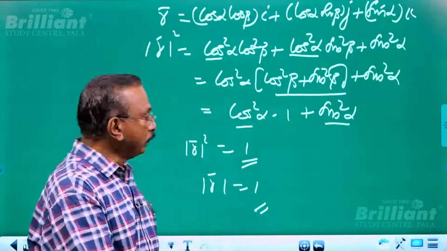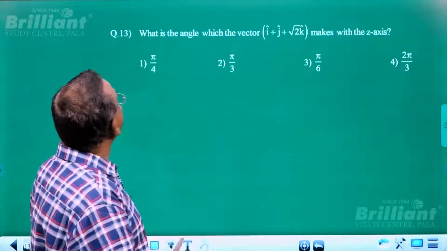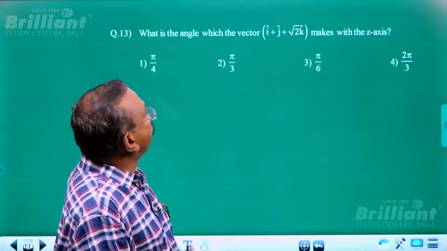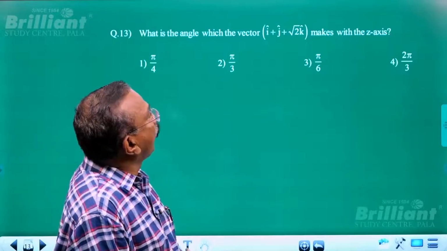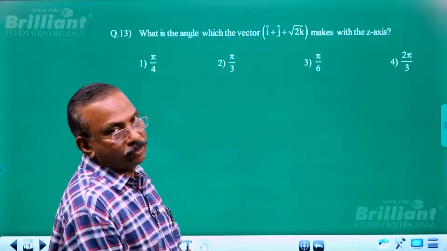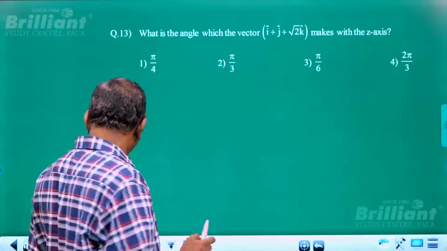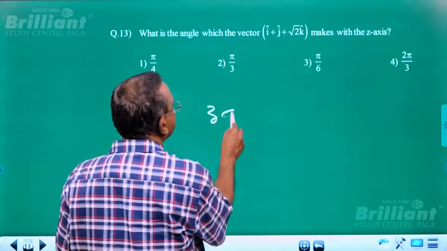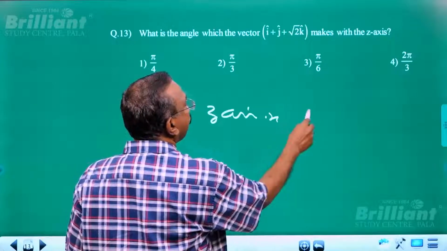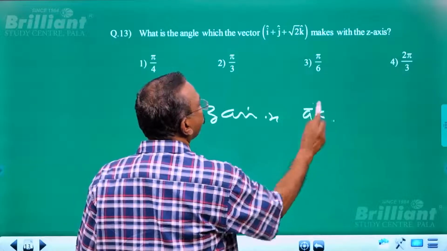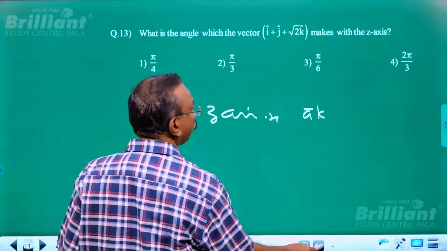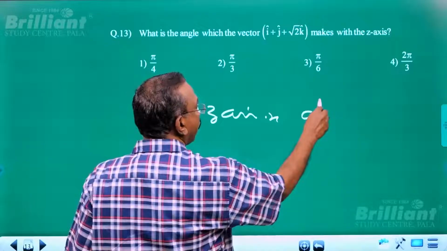Now you come to question number 13. What is the angle which the vector i plus j plus root 2k makes with the z axis? Any vector on the z axis can be written as a k, where a is the magnitude and k is the unit vector.